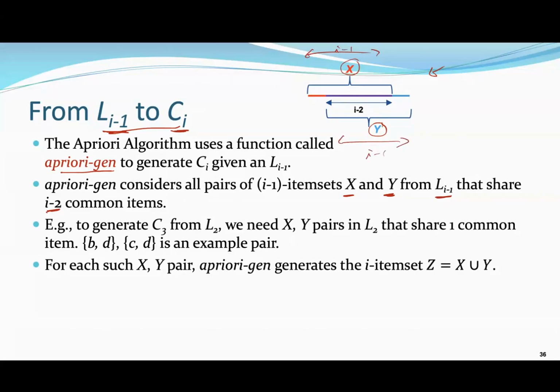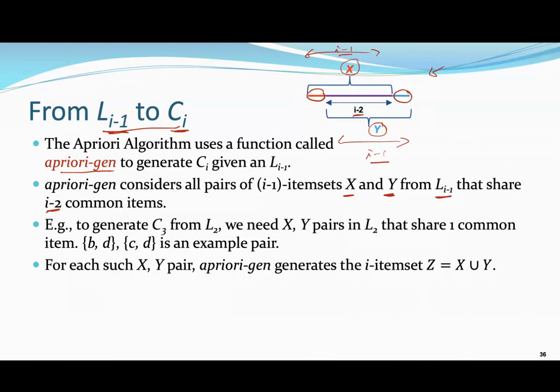Now, the way that X and Y are paired up is that they share most of their items together, except one item from each. So if each one of them contains i-1 items, they share i-2 items. This is the condition for us to pair them up. That means there is one item in X that is not in Y, and one item in Y that is not in X. So when we combine them, we get a size i item set.